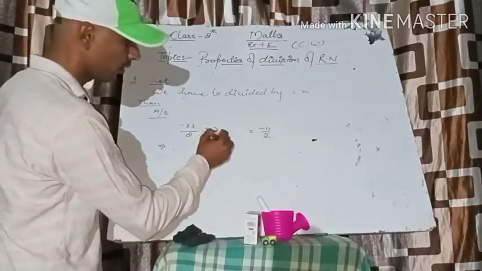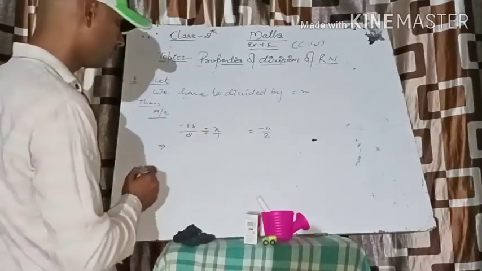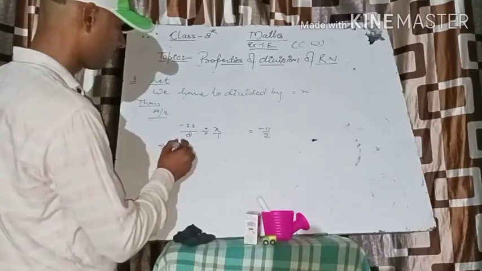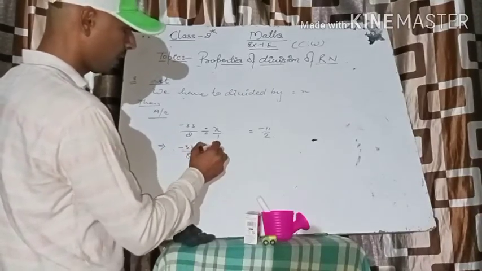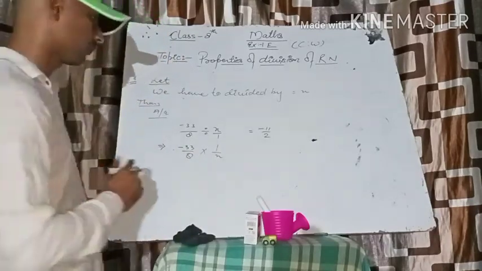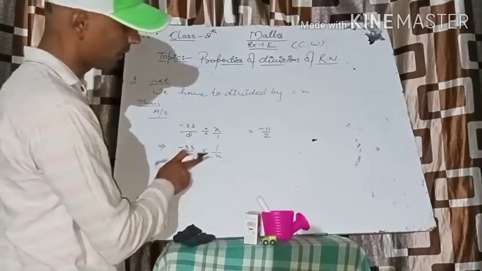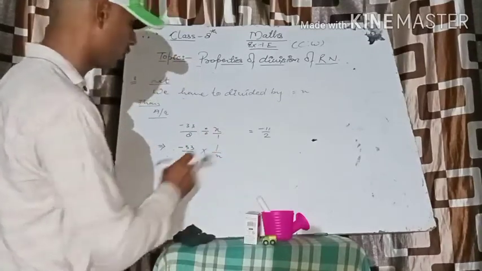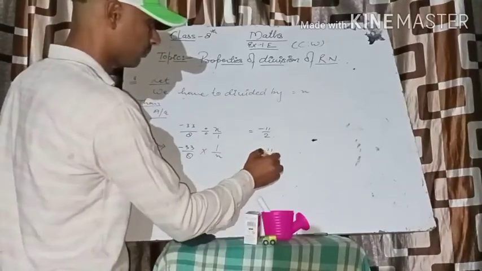Now solve this question. If there is no denominator, then we can write 1 as the denominator under the x. Now minus 33 by 8 multiplied by 1 upon x, because here is a division sign and now it becomes multiplication, as we have taken the reciprocal of the second rational number. The first one remains the same.